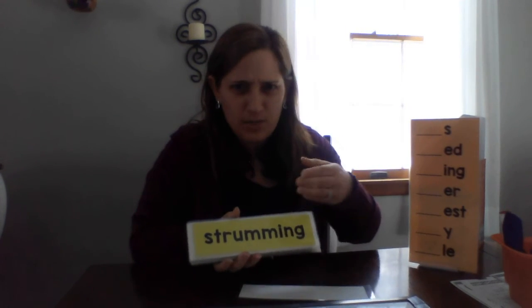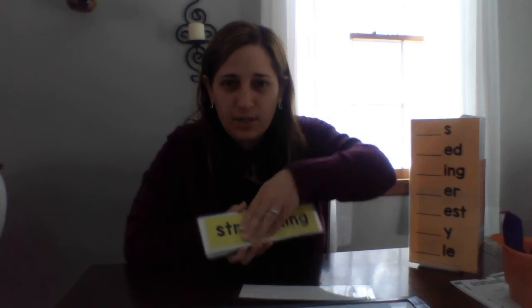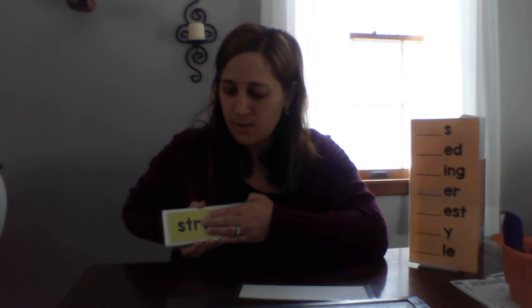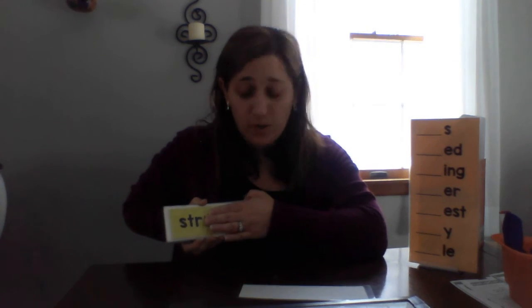Oh, let's see. Don't let it scare you. It's okay. Let's look at the first part. I'm going to cover up the whole word. STR. What sound does that make? Is that too much for you? Let's look at ST. What sound does ST make? St. Try it now with the R. Stir, stir.